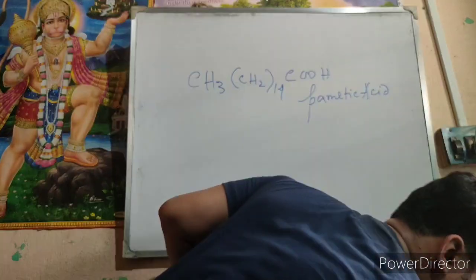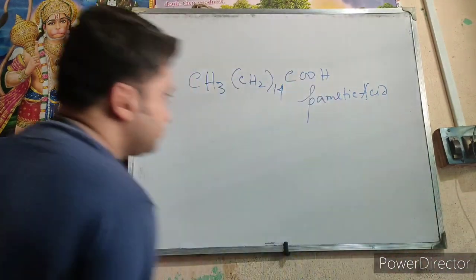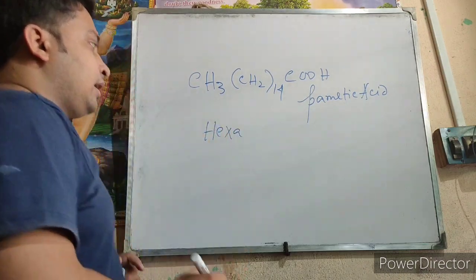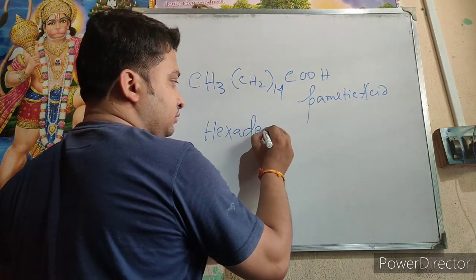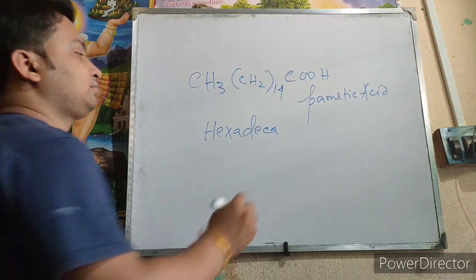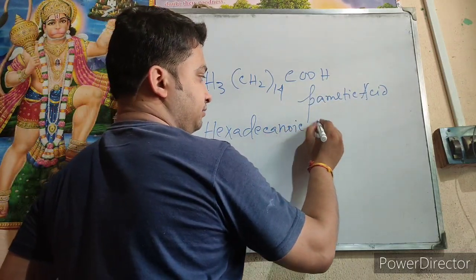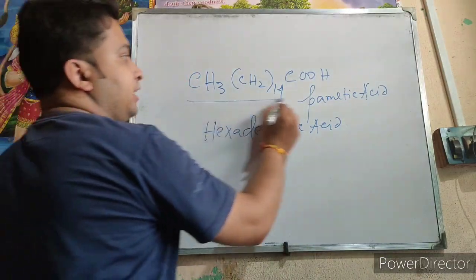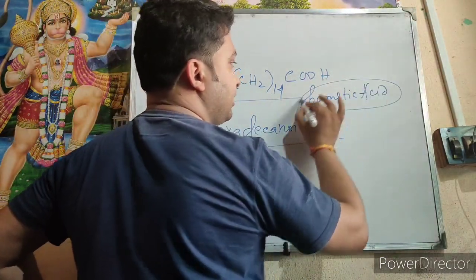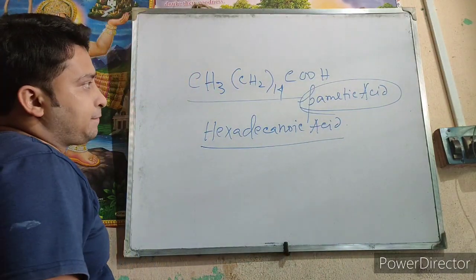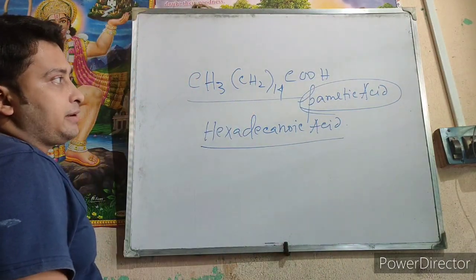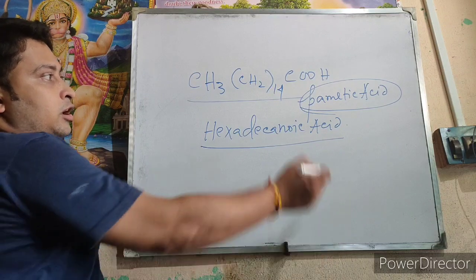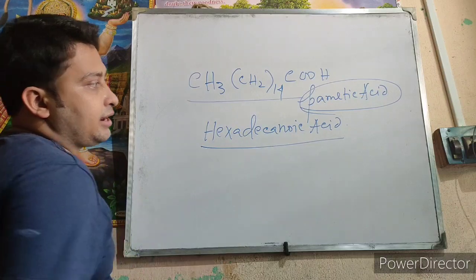As it is named palmitic acid, you can write it as hexadecanoic acid. This is called hexadecanoic acid. It should be remembered, hexadecanoic acid, or the common name is palmitic acid.